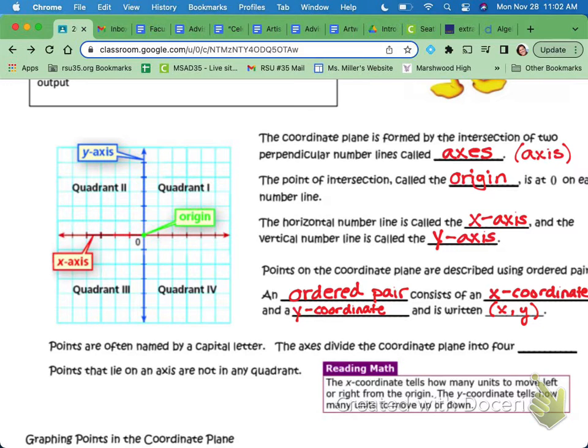Now we're writing it as an ordered pair, so it always is parentheses x comma y. Okay? So points are often named with capital letters.